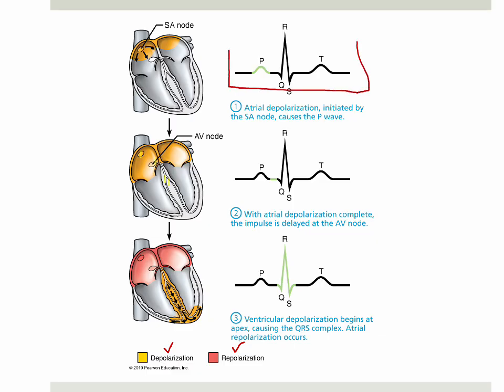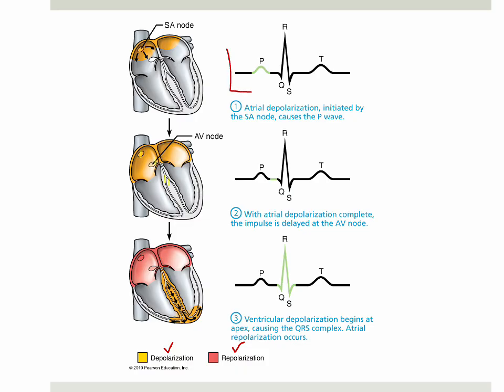We have a P wave, our QRS complex, and a T wave. This is a representation of electrical activity. Okay, these can be measured, these can be timed, and these are going to indicate how the conduction and communication between the different parts of the intrinsic conduction of the heart are working.